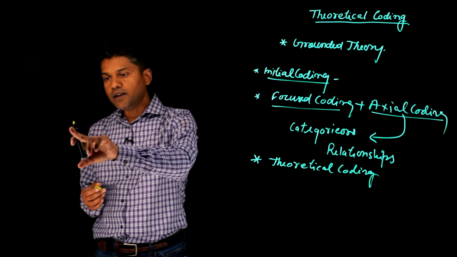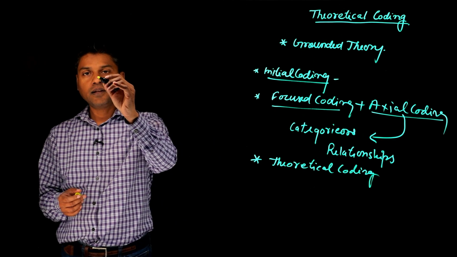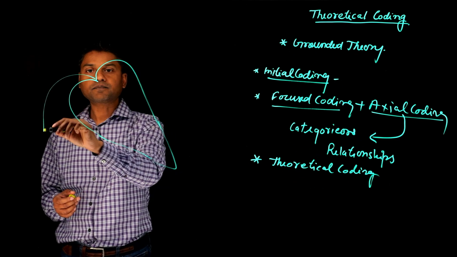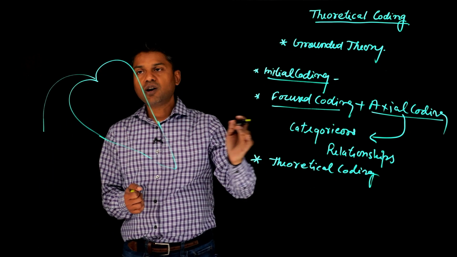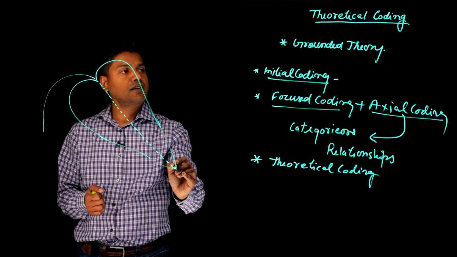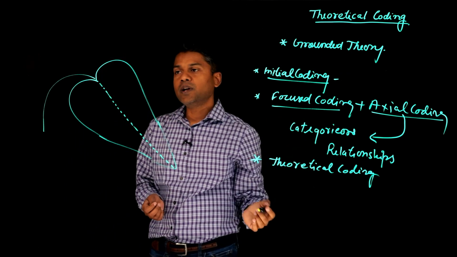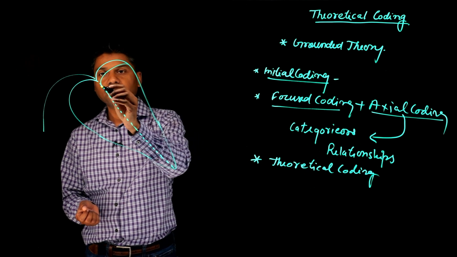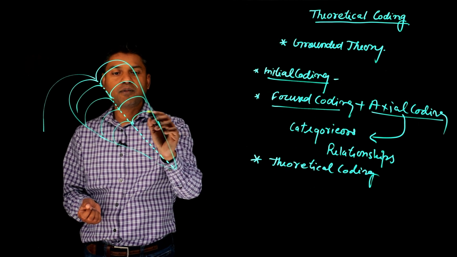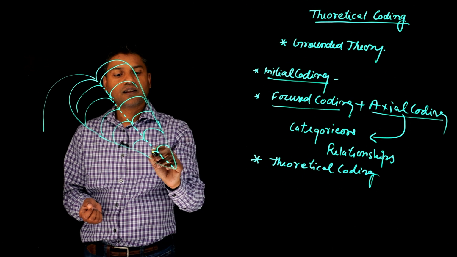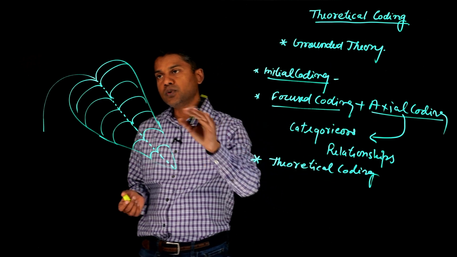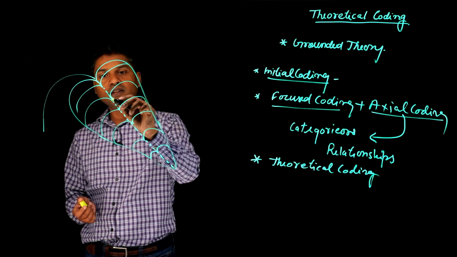So let's understand with another example. Let's say this is a leaf. So let's say you come up with your initial codes, and after the initial codes are done, you develop your focused codes and axial coding. So let's say these are your categories that came up after the focused coding, and you did some axial coding to understand the relationship between these various categories.